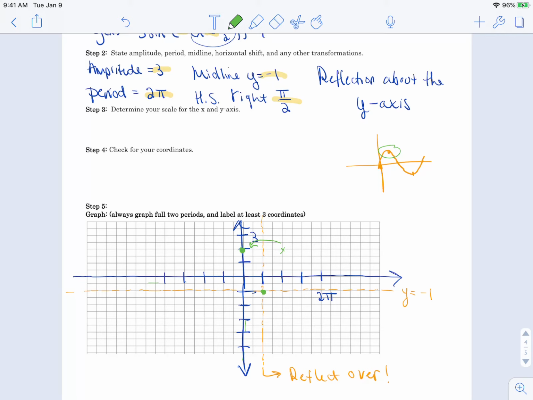And that's the most wonderful thing, because now you have your pattern. You don't have to do every single point. So then I know, because if that's a high point, my next tick mark, I have to hit the midline. My next tick mark, I have to be 3 down. My next tick mark, midline. Next tick mark, 3 up.